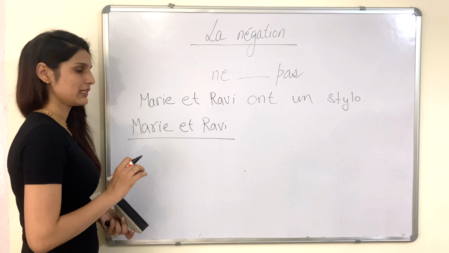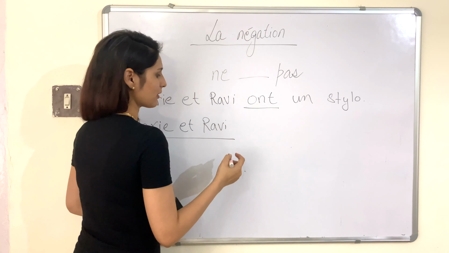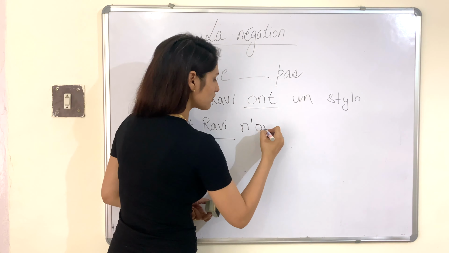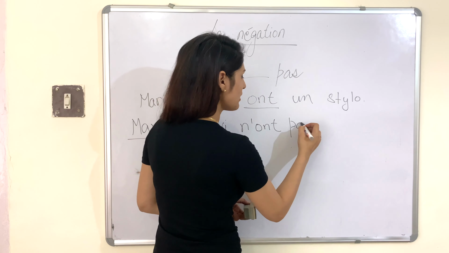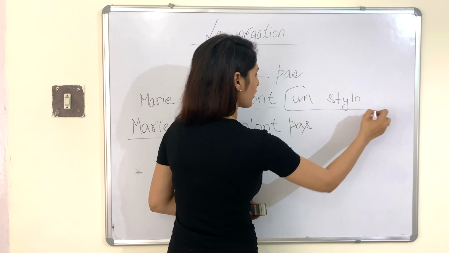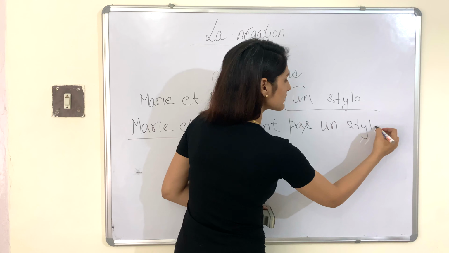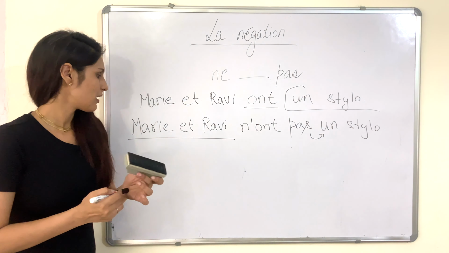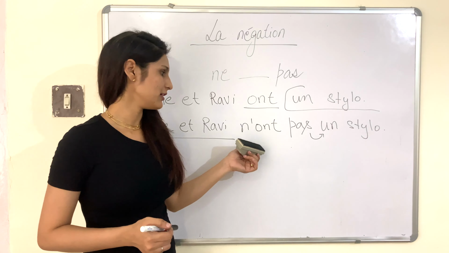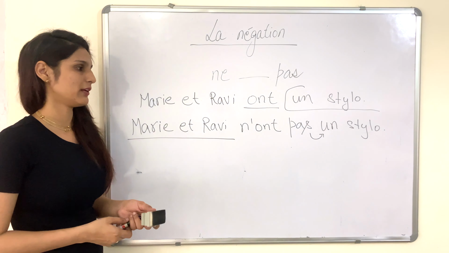So they will be as they are. They are not going to change. This is my verb, n'ont, because this is a vowel starting. Pas. Now I don't have to bother about this one. Stylo. I have to join it while speaking. Marie et Ravi n'ont pas un stylo. Marie and Ravi don't have a pen.